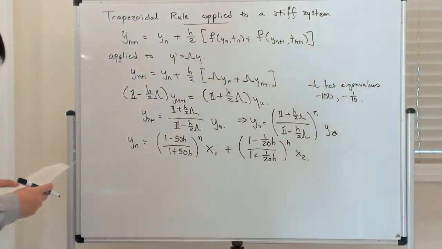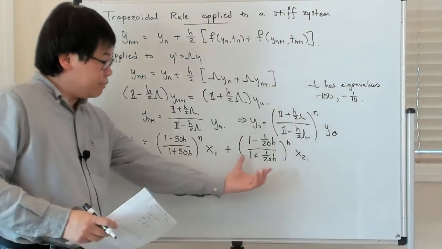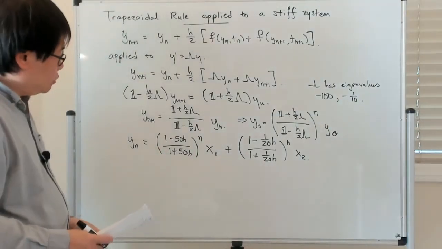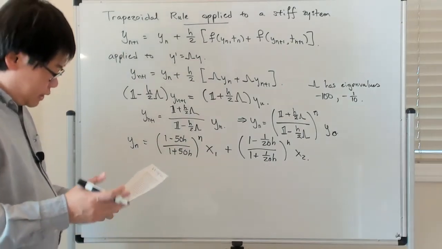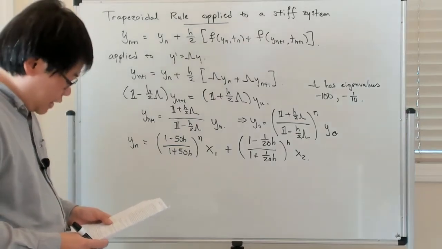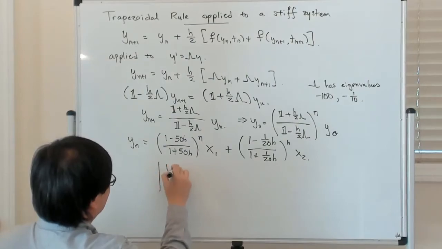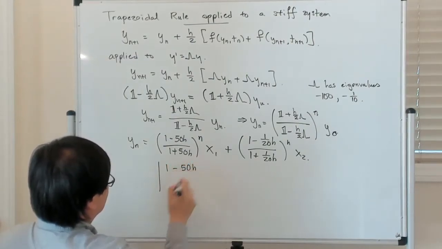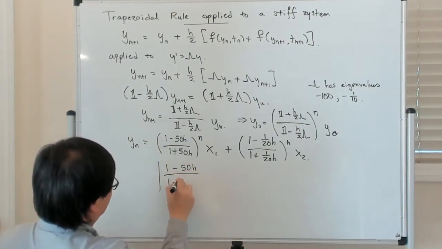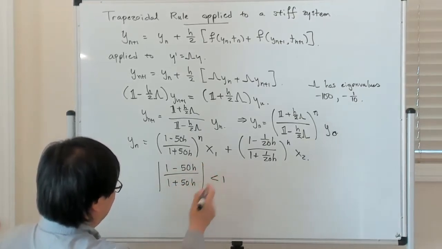So as before, what you basically need is that the things inside the parentheses have to be less than 1 in absolute value. So you can check what that means. You have the condition that |1 minus 50h over 1 plus 50h| is less than 1.